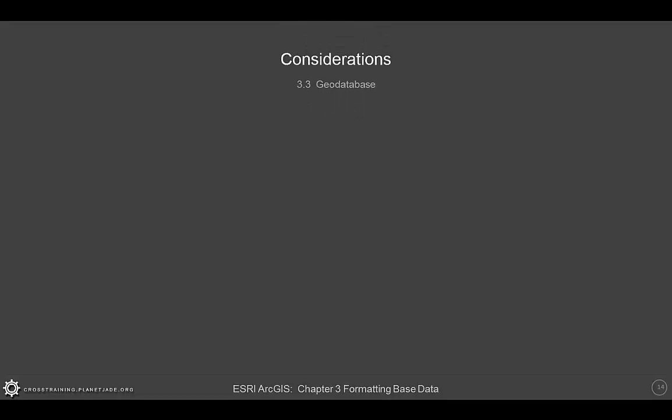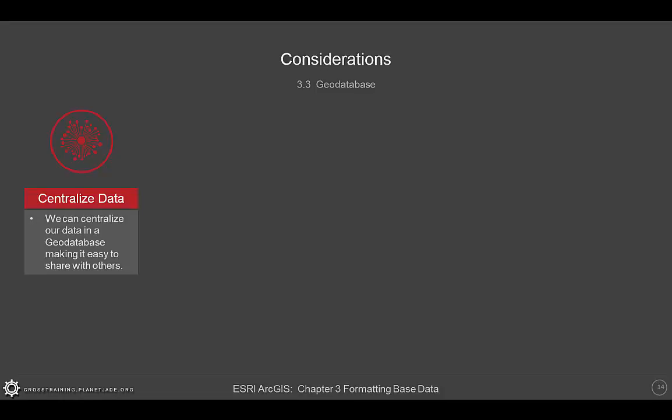The next thing I want to talk about are some considerations as to why we would want to save things into a geodatabase and why we would really need to format our data. So the first major consideration is to centralize our data.